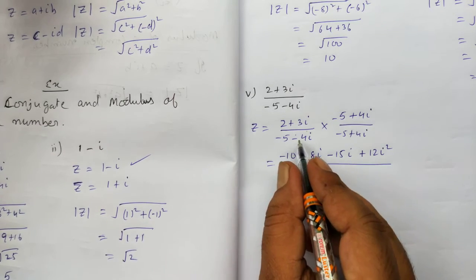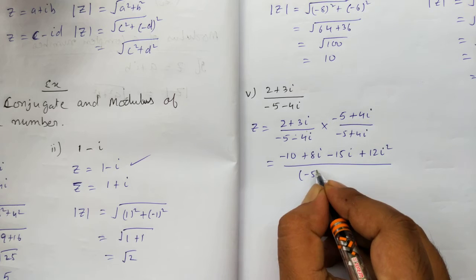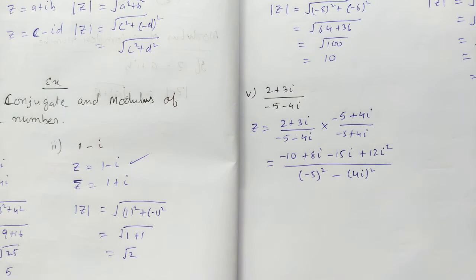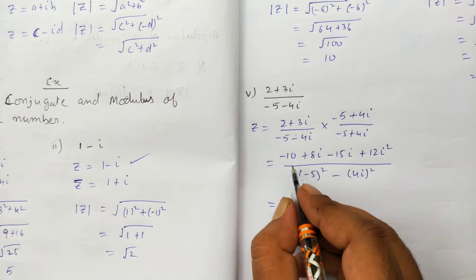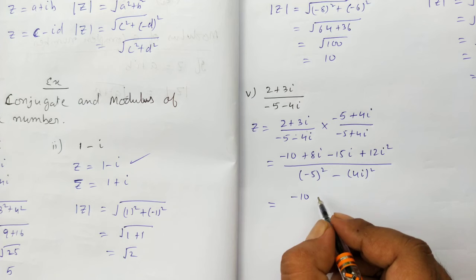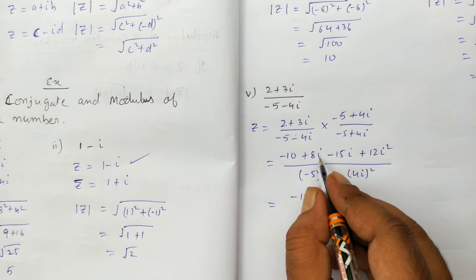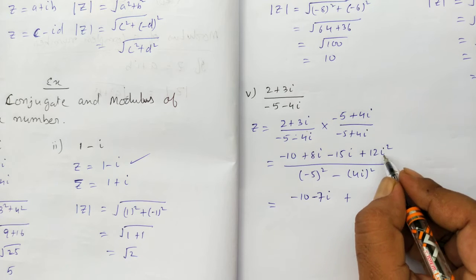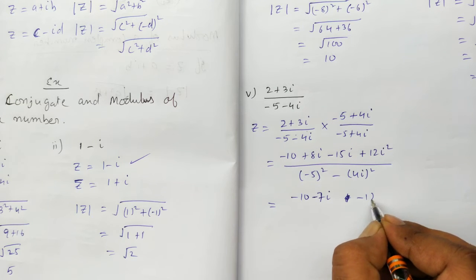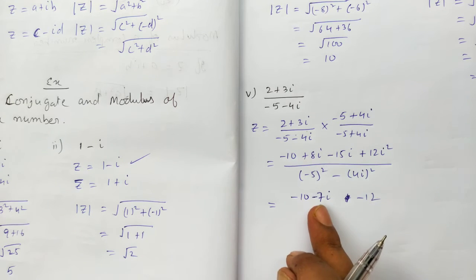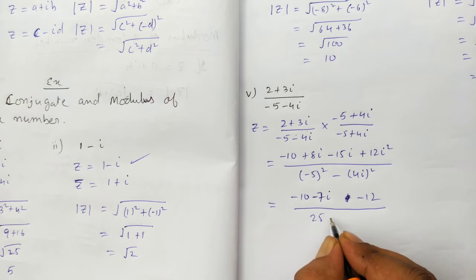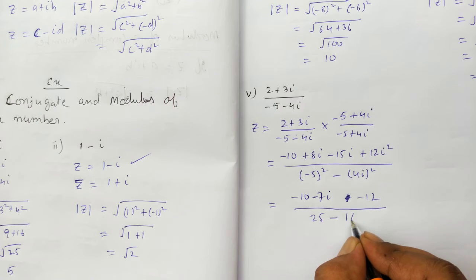Downside is in the form of a minus b, a plus b, so we can write a square minus b square. So you get minus 10, minus 12 because i square is negative, and 8 minus 15 is minus 7i. Downside, 5 square is 25 minus 16i square.